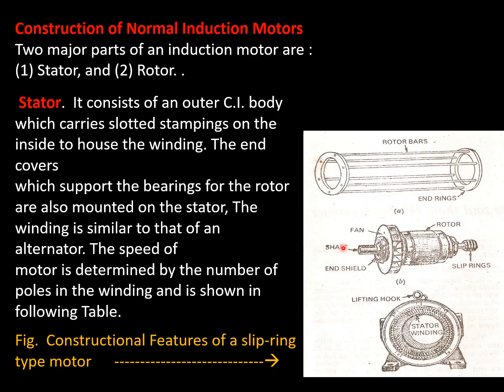The induction motor has a fan, a shaft, and an end seal to cover it. The stator has a number of windings, the wound stator, and this induction motor has a lifting hook through which the entire motor can be taken out.